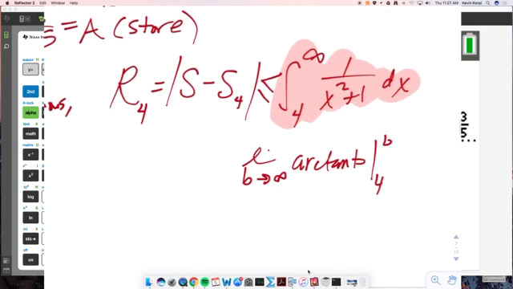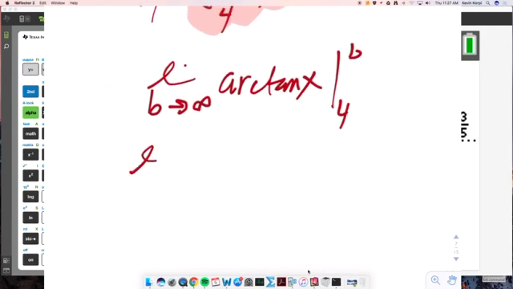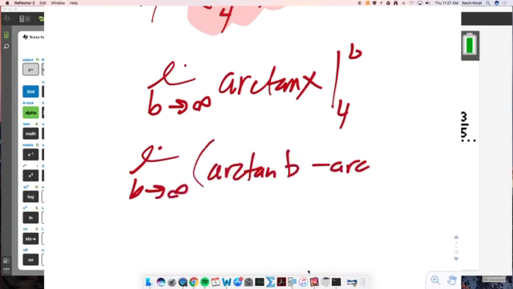Wait, did I do that right? That should be still x. My bad. Okay. Now if I plug it in, I get the limit as b goes to infinity of arctangent of b minus arctangent of 4.